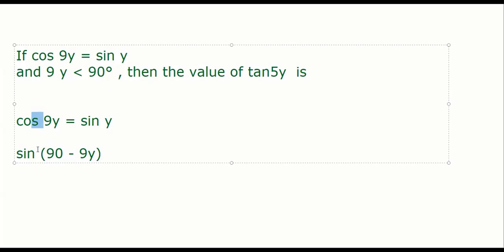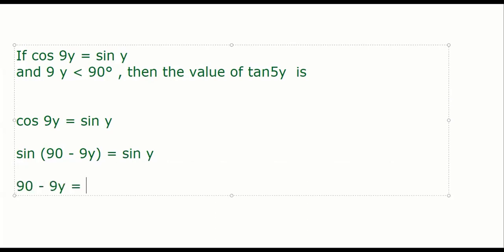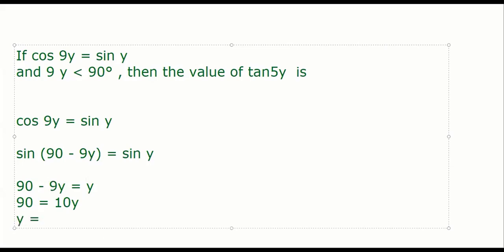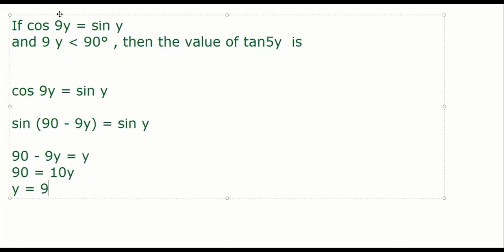So cos 9y is sine of 90 minus 9y equal to sine of y. So it means 90 minus 9y equals y, or 90 equals 10y, or y equals 9. Y is equal to 9 because of this.